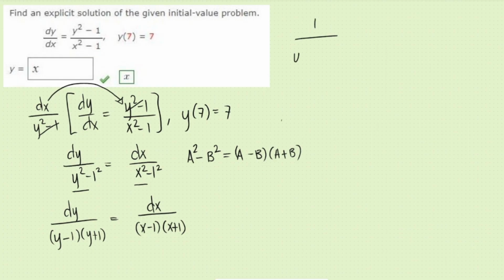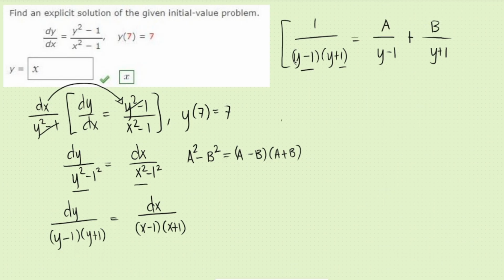So this is how you decompose into partial fractions. You'd put two individual fractions, and you put one factor here, y minus 1, and the other factor here, y plus 1. Okay? And you put a plus sign here. And you just assume any variables a and b here.